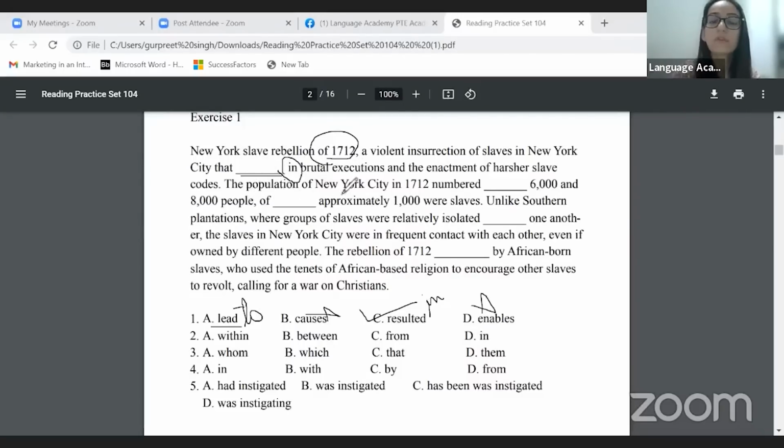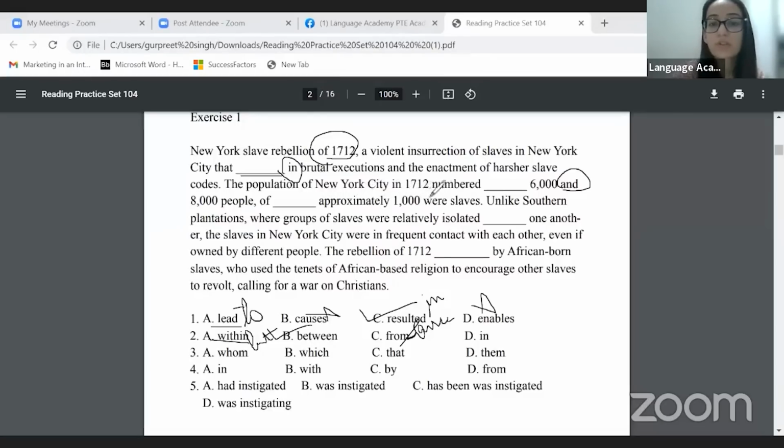The population of New York City in 1712 numbered between 6,000 and 8,000 people. So whenever we have two things, we always go with between these two. So within is used for limit. We did this yesterday as well. From is used with source, and in is a basic preposition that we all understand.